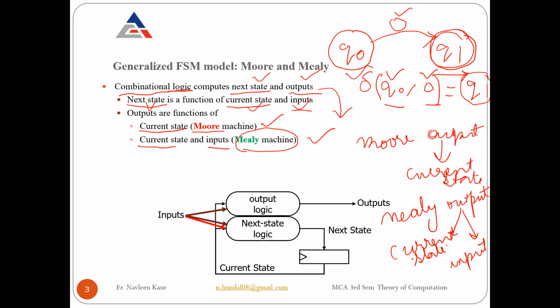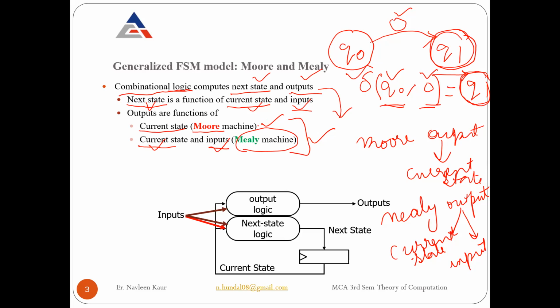Got it? This is the only difference between Moore and Mealy machines: in a Moore machine, the output depends upon only the current state, and the Mealy machine says that the output depends upon both current state and input. This is the difference between these two. But the next state, this q1, is always dependent upon your current state and input.